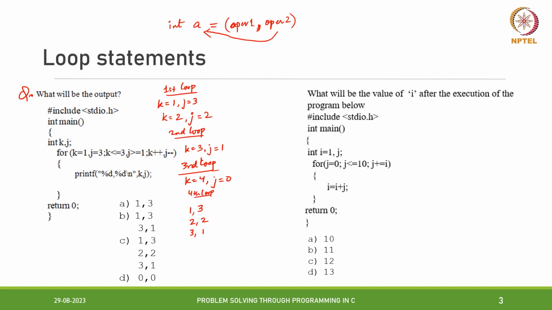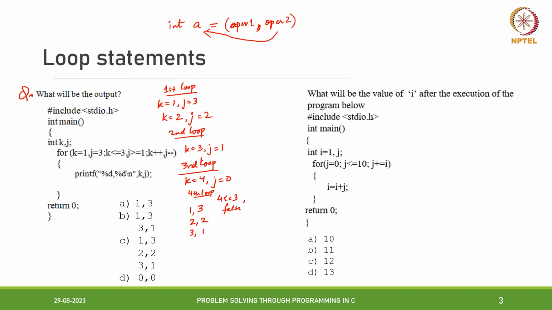Before the fourth loop it checks the condition. The k condition is not fulfilled because 4 less than or equal to 3 is false, but it does not matter, because this entire statement only cares about the j part, not the k part.